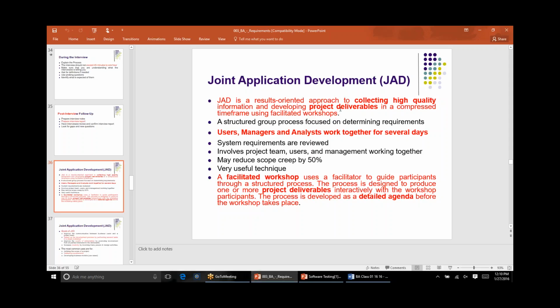So I would like you guys to make a note of this bullet point.